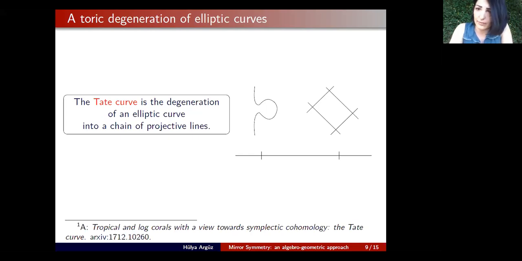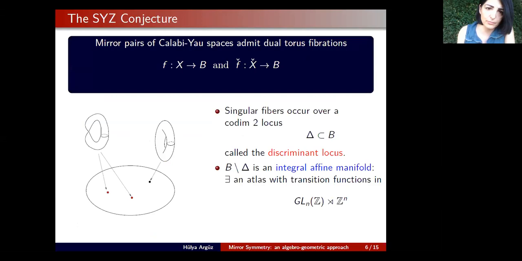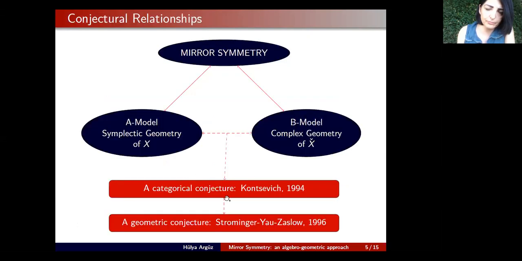So what I did in my PhD thesis, I investigated the Tate curve, actually the simplest case, and I showed that the two constructions, which I talked about early on in this setup, homological mirror symmetry and the SYZ conjecture, have several common features. In homological mirror symmetry you have several product structures, infinity structures.